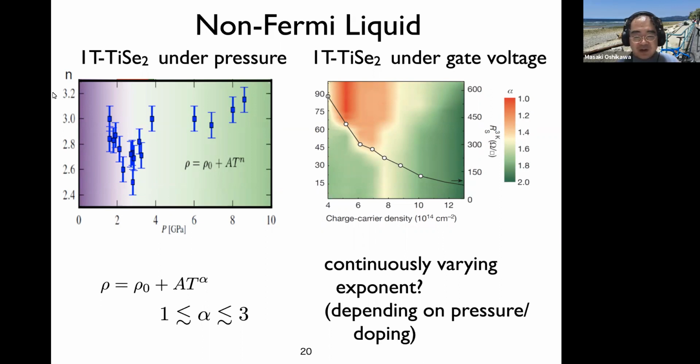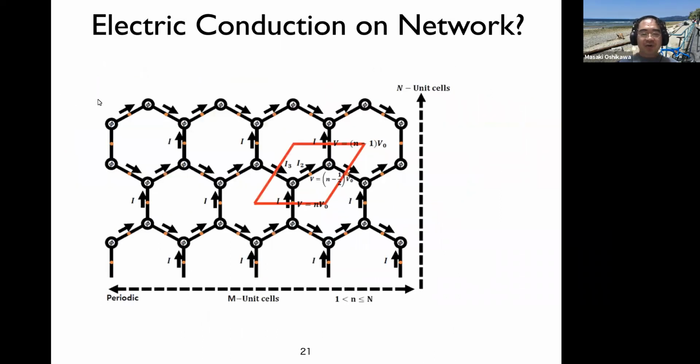Thank you. So this is just motivation, but it motivates us to consider what the transport through the network can look like. So in the case of a honeycomb network, we have a network like this.